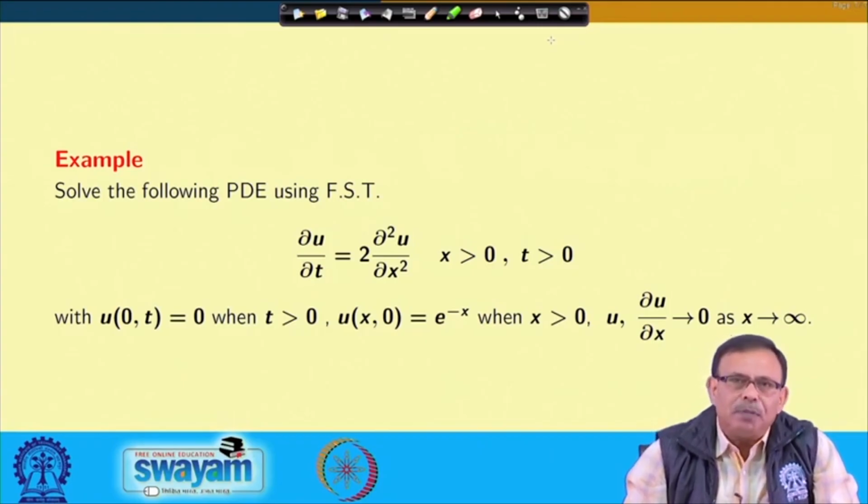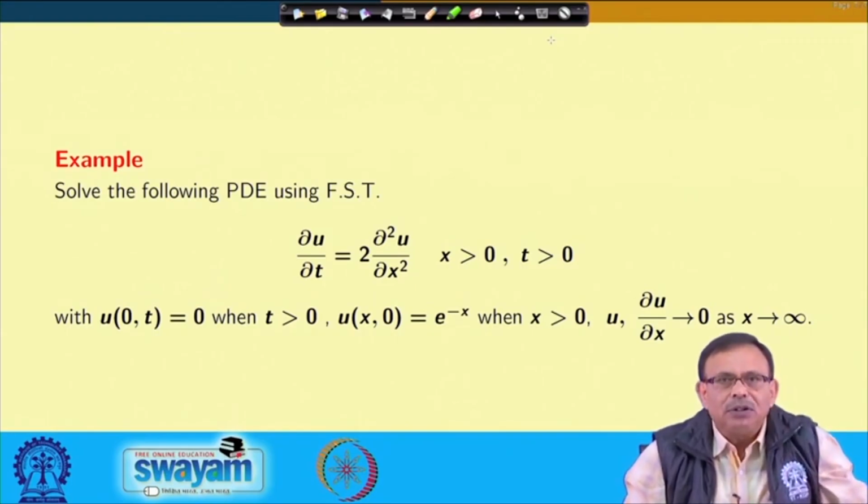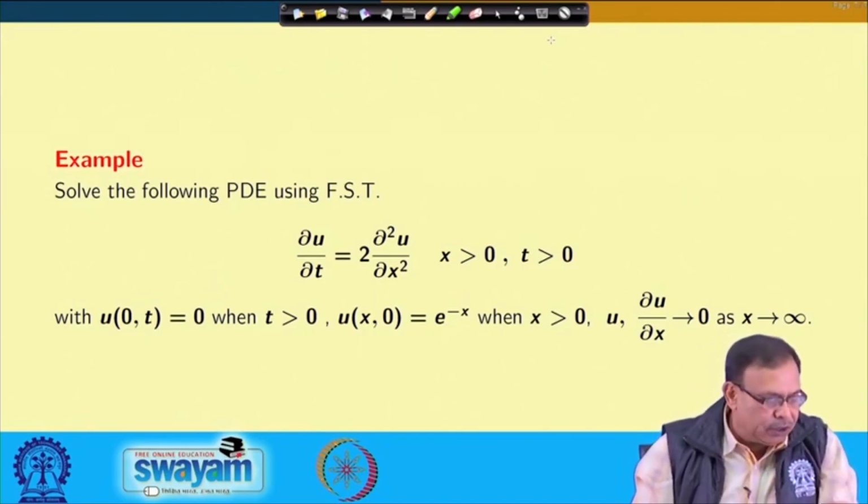So, as you have seen in the previous problem, whenever we are considering the Fourier sine transform, then one term will be coming, del u del x, and the value of del u del x should be known as x approaches infinity, otherwise I cannot evaluate it. Therefore, for this problem also, to find the solution, I have to use the Fourier sine transform with respect to x only.